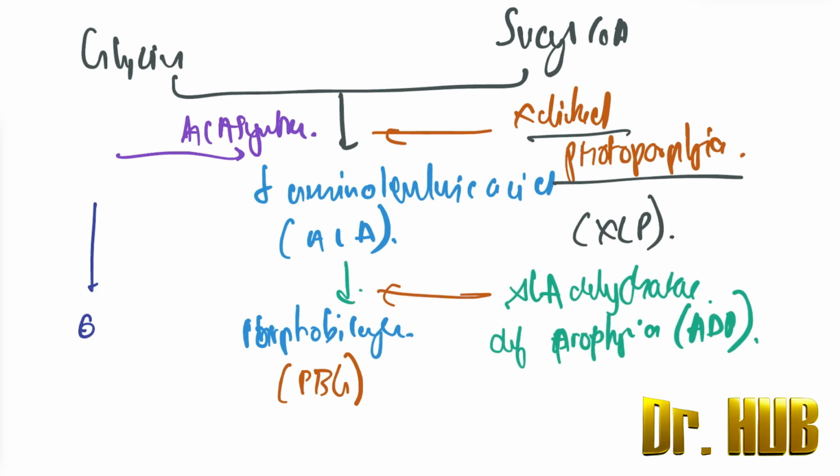The enzyme here is ALA dehydratase. So we saw the aminolevulinic acid converted to porphobilinogen, and the enzyme was ALA dehydratase.